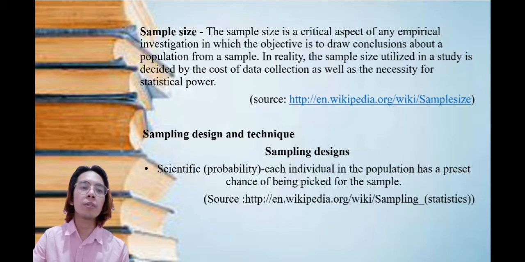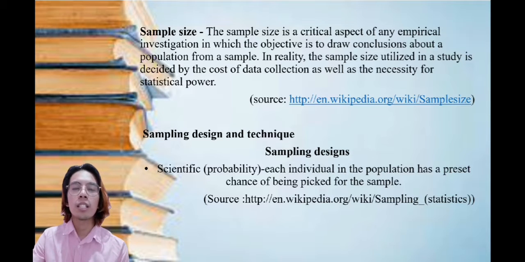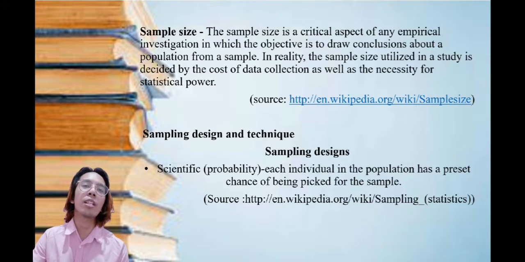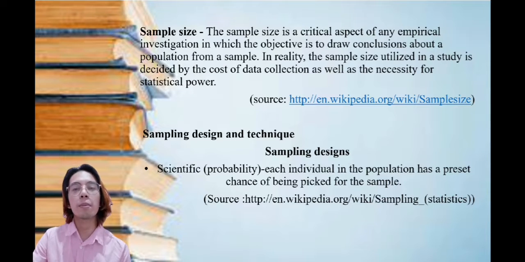And if the population is big, the Slovin formula must be used to calculate the sample size. Then sampling design. Scientific probability: each individual in the population has a preset chance of being picked for the sample.